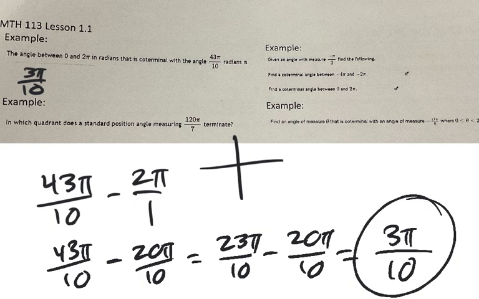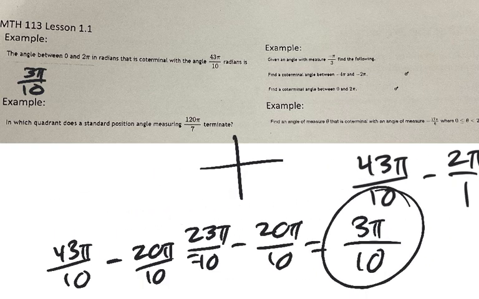So what I would do is find a coterminal angle that's closer to 2 pi so I can figure out where we have to rotate to get there. I'm basically going to do the same thing I just did by finding coterminal angles.